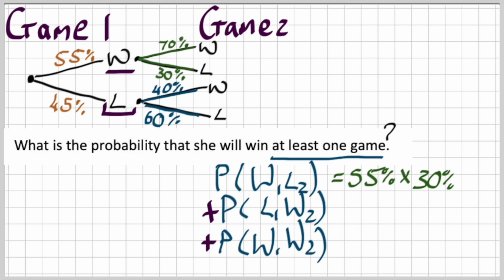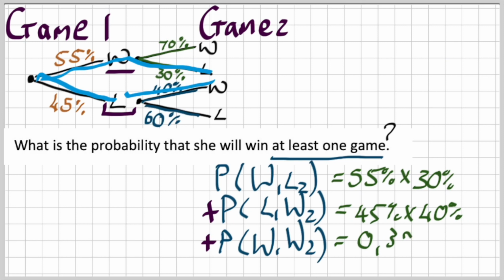Let's just quickly recap: winning the first one and then losing the second one, 55% times 30%. Then I'm going to lose the first one and win the second one: 45%, there we go, multiplied by 40%. Or I'm winning both, which I actually got in the previous one as 0.385. So all I have to do now is add them up, and the answer is 0.73.